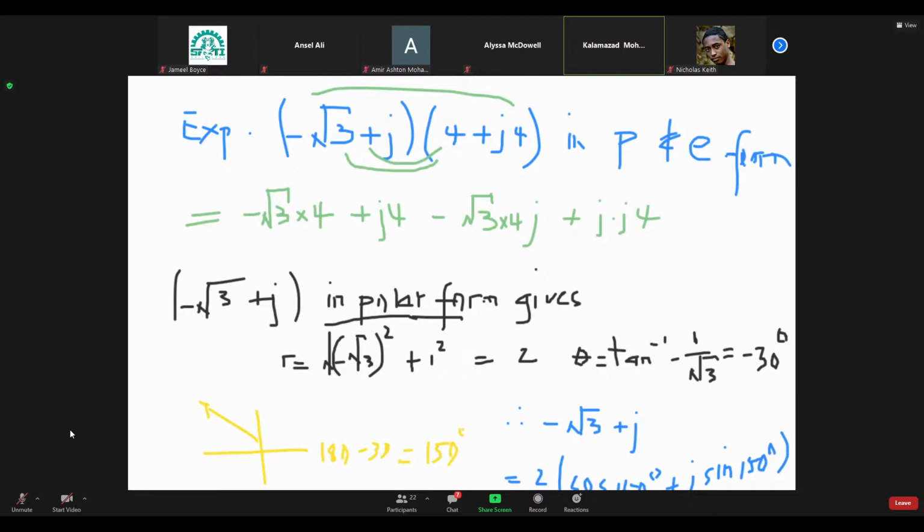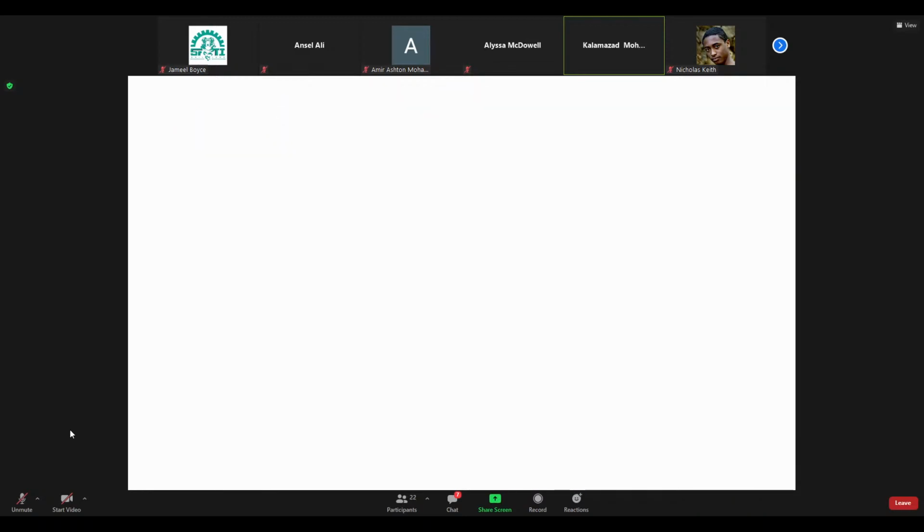All right. Let's do 4 plus j4. So r would be the square root of 4 squared plus 4 squared.